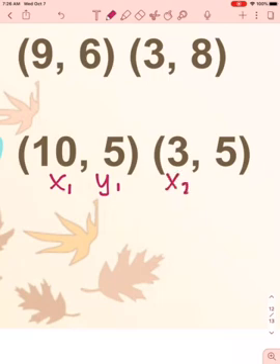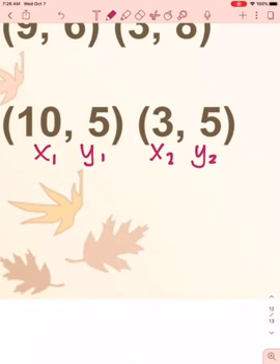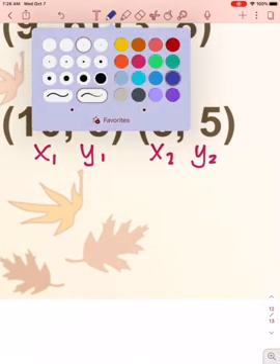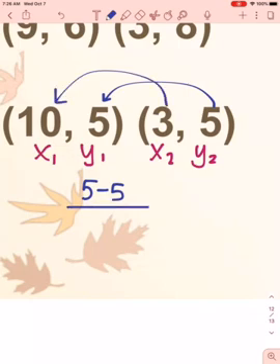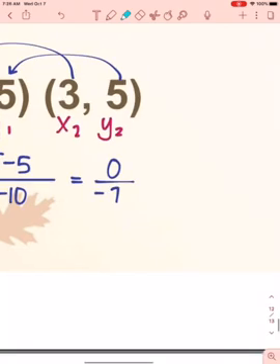So remember, if I'm just given 2 points, I'm going to do x1, y1, x2, y2. Rise over run, y's over x's. So I'm going to subtract my y's on top, y2 minus y1. So 5 minus 5 on top over my run of 3 minus 10 on the bottom. 5 minus 5 is 0. 3 minus 10 is -7.